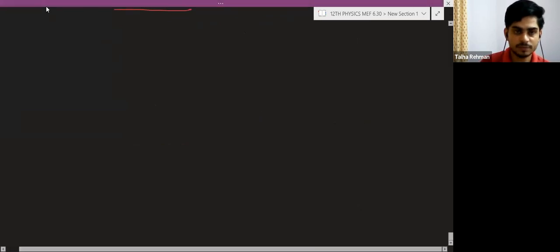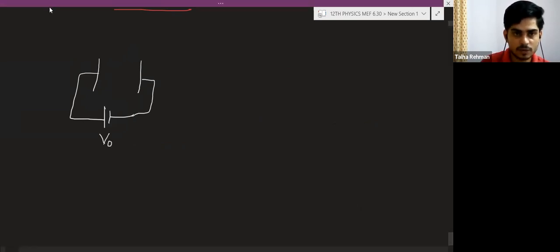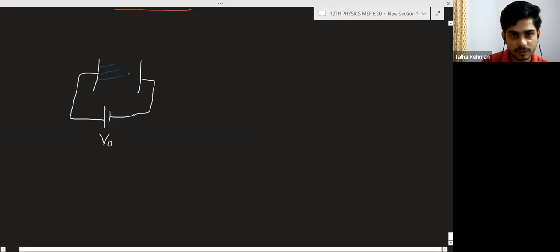So this time this is the capacitor and this is connected with a battery, and now this capacitor is filled with some dielectric.